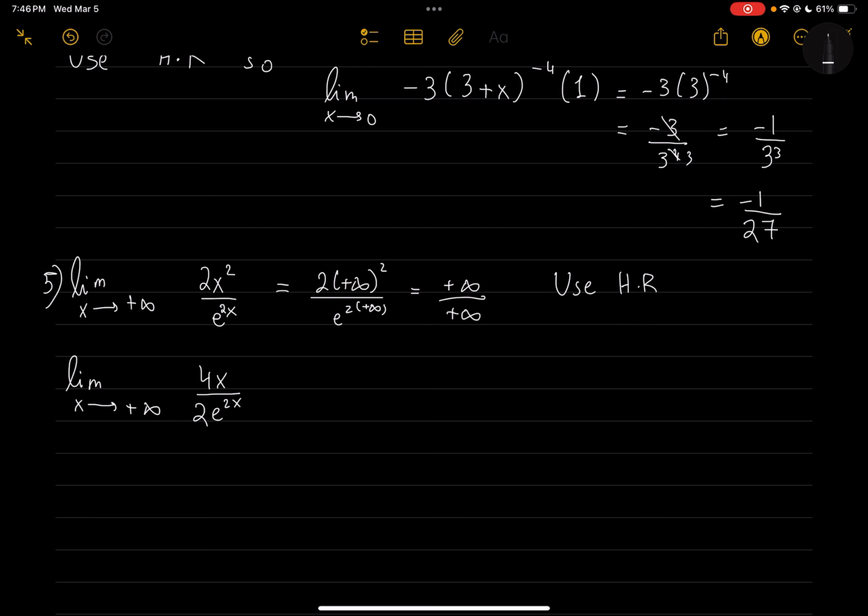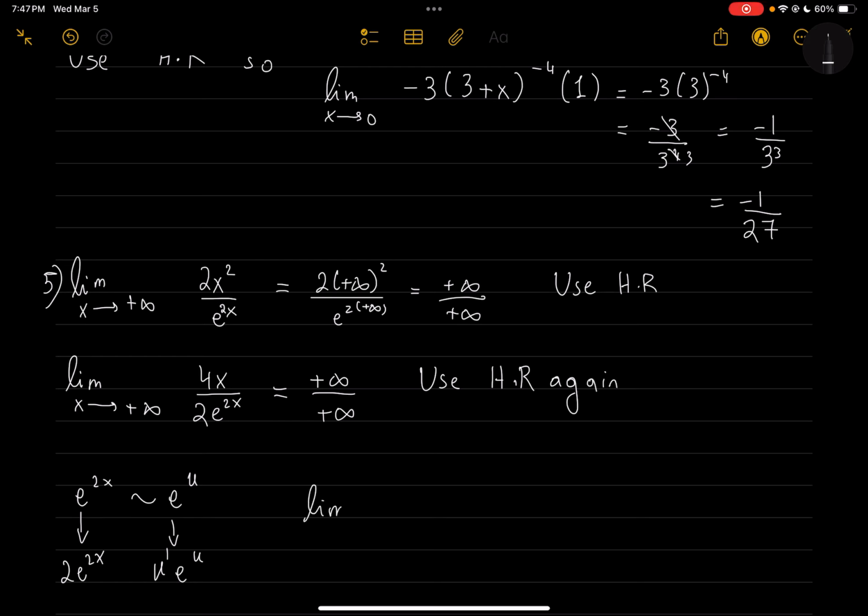Remember that the derivative of e to the power of 2x is the same as the derivative of e to the power of u, which is going to give you u prime e to the power of u. So 2e to the power of 2x. So 4 divided by 2 is going to be 2, right? But if you're going to replace plus infinity again, you're going to get plus infinity over plus infinity again, similar to the first step. So we can use L'Hopital's rule again.